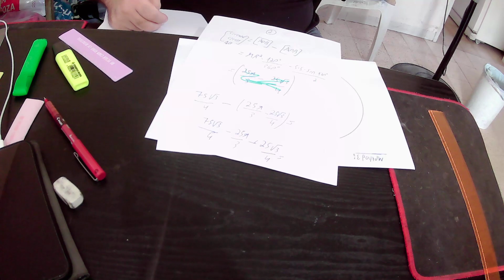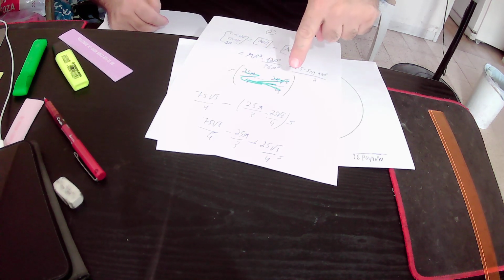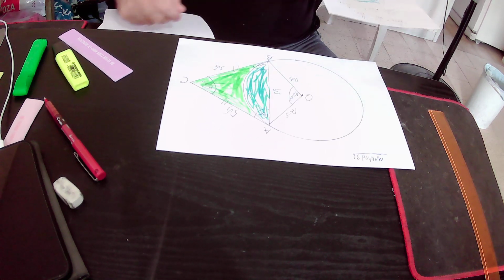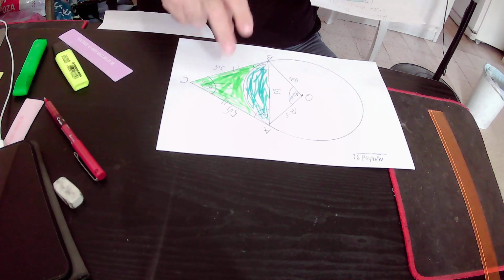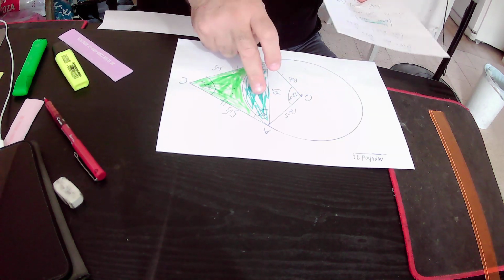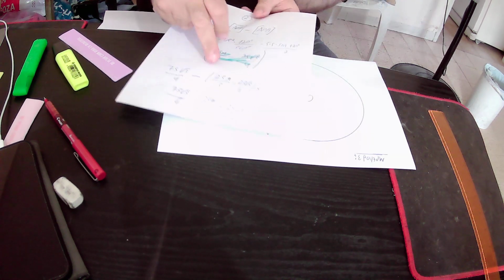Okay, so we found that the area of the blue shape equals 25 pi over 3 minus 25 root 3 over 4. Again, the area of the green shape equals the area of triangle ABC, that is 75 times root 3 over 4, minus the area of the blue shape, that is this expression.